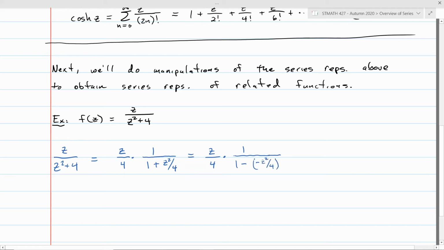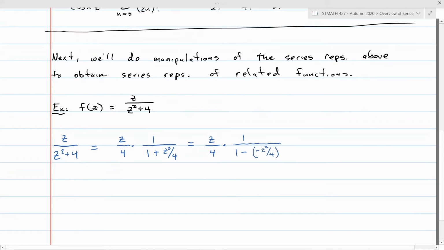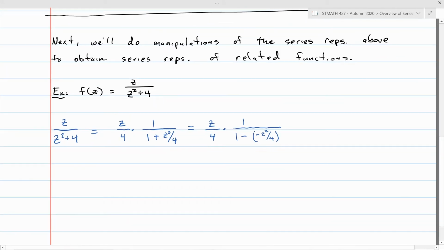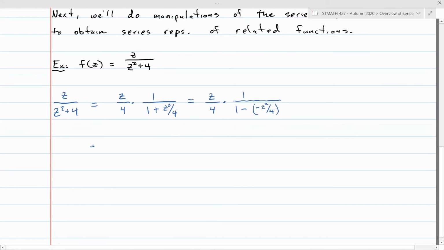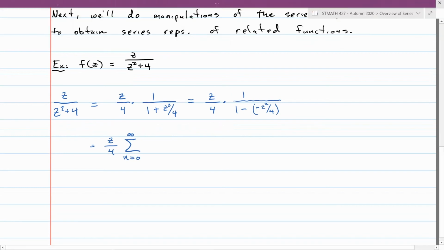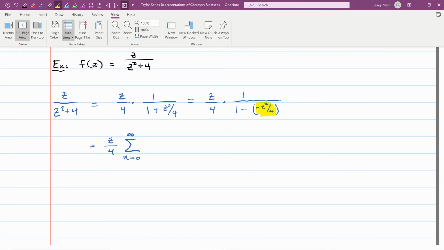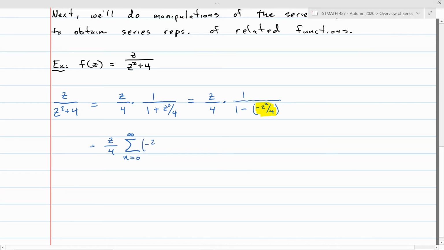So the idea is I'm going to put negative z squared over 4 in place of z in the geometric series. So this would be z over 4 times the sum n equals 0 to infinity of z to the n, but now our z, instead of just being regular old z, is this term, the negative z squared over 4. So it's negative z squared over 4 to the n.